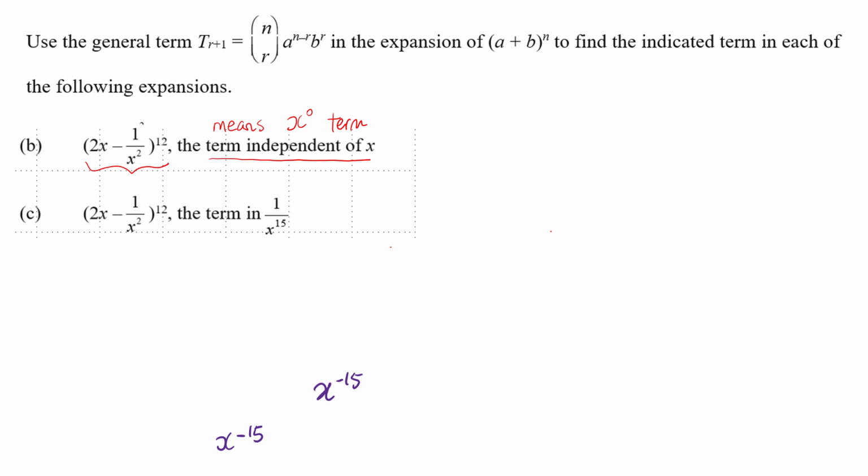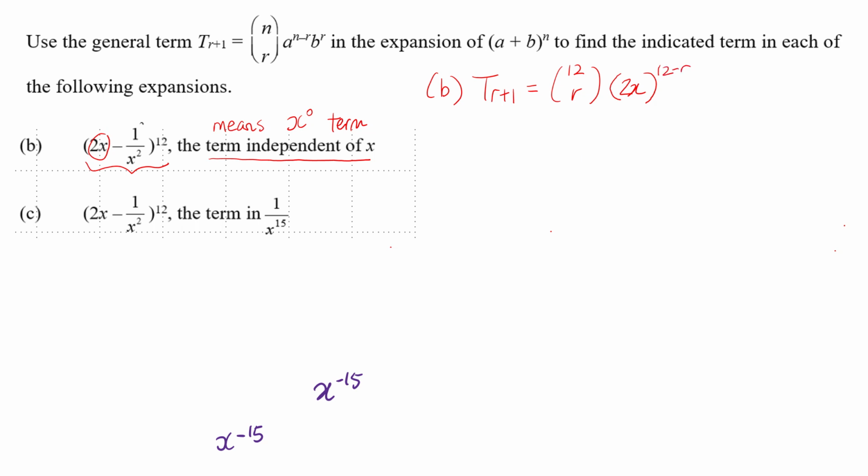So first is to use this general term to substitute our values of n, which is 12 here. Substitute the value for a, which is 2x. Here it's very important that you bracket it because you have two terms here, 2x. So it's the whole 2x to the power of 12 minus r.